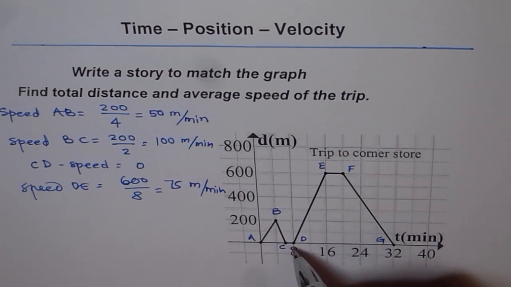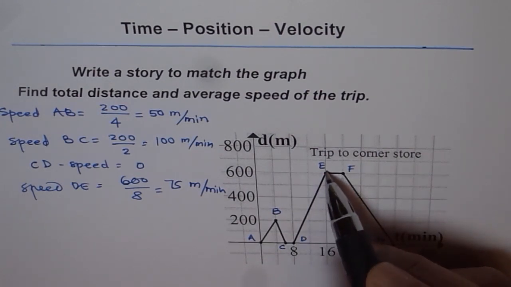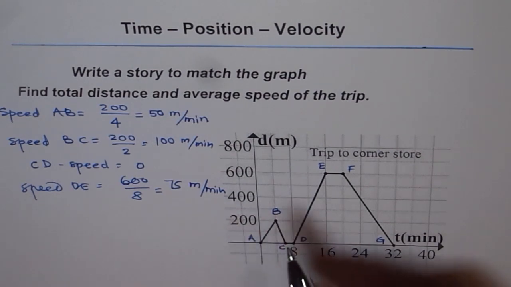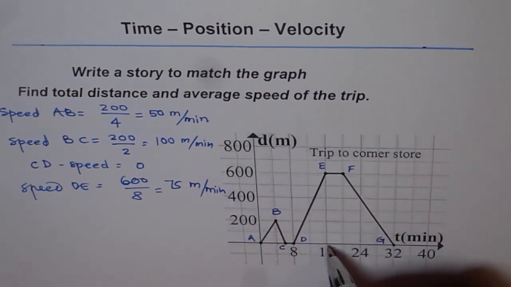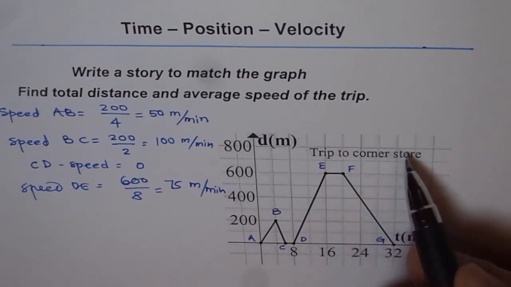He takes the money, which took him 2 minutes, and then walks towards the store with a steady speed of 75 meters per minute. So it takes 8 minutes to cover a distance of 600 meters to reach the store, where he buys milk or whatever.